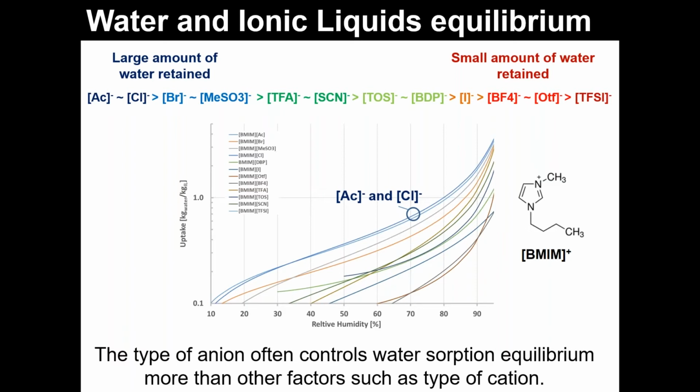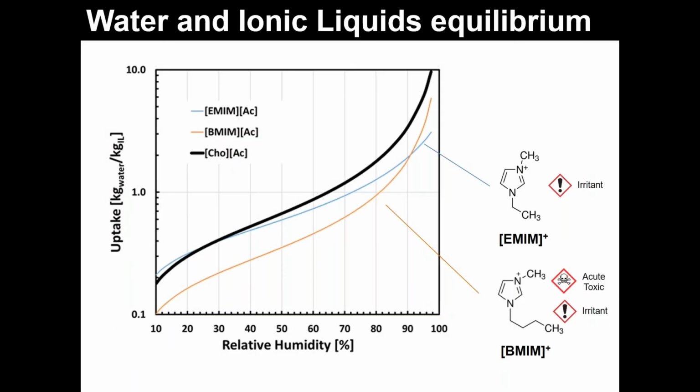And therefore, this long list of ionic liquids is in the end massively reduced if we apply a constraint on the possibility to use it without problems in a lab. Let's move now to the next slide.